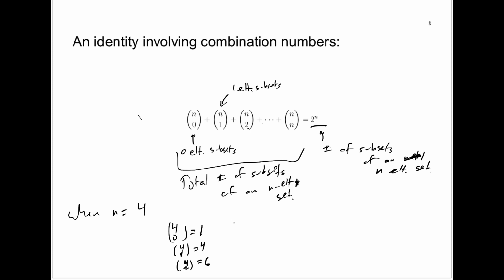That's a good number to know. 4 choose 3, remember, has to be the same as 4 choose 1, and you can write them down directly. And of course, 4 choose 4 is always 1. Notice that's the same as 4 choose 0. And 1 plus 4 plus 6 plus 4 plus 1 is exactly 16, which is the same as 2 to the 4th. Try that for some other values of n, compute all the combination numbers, and you'll see that they sum to 2 to the n.